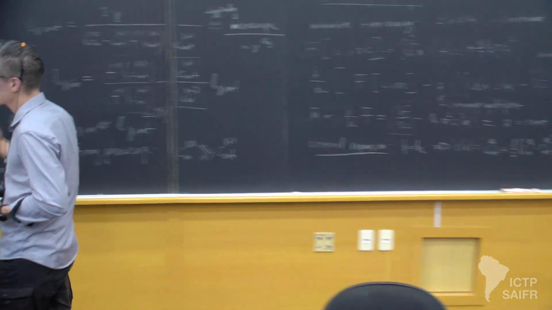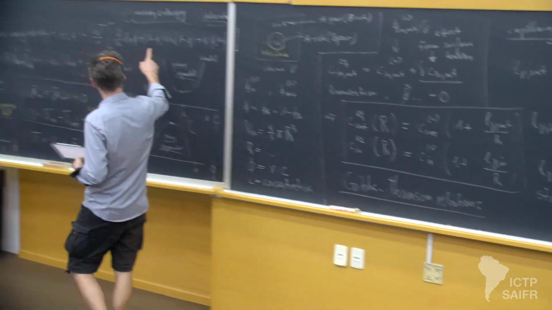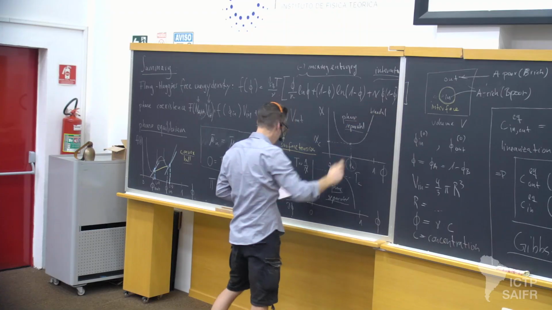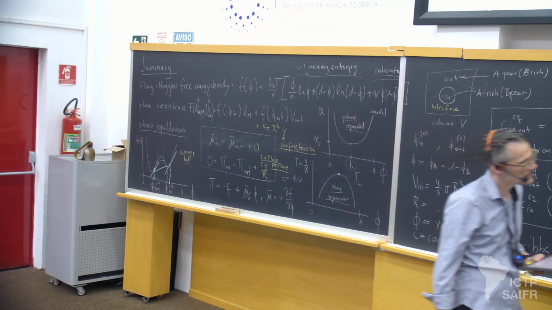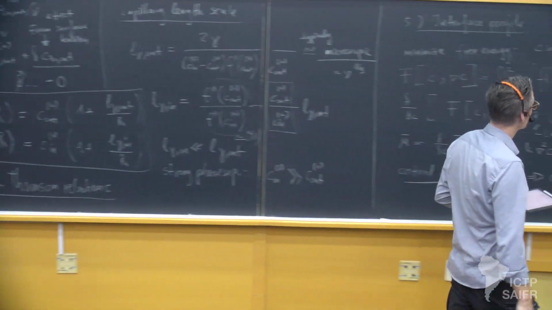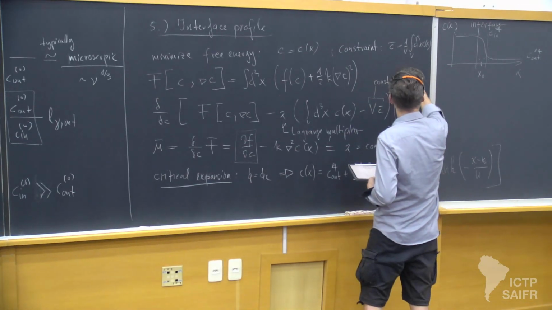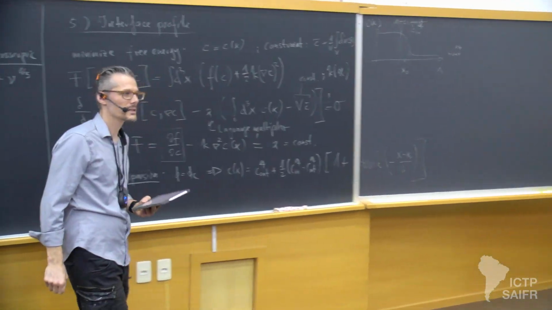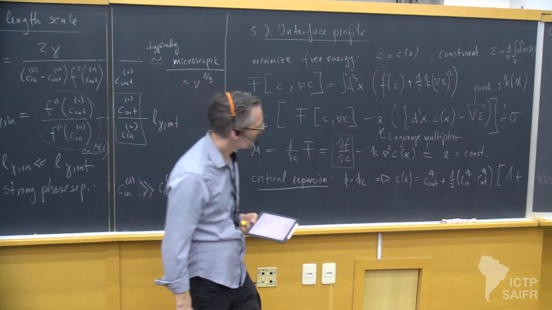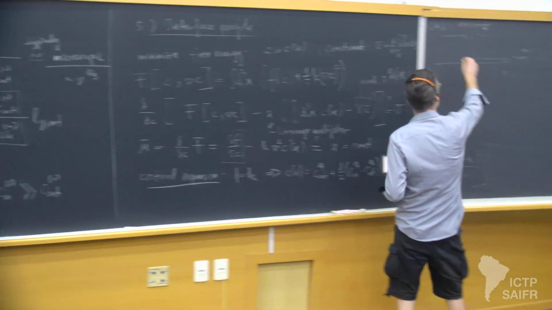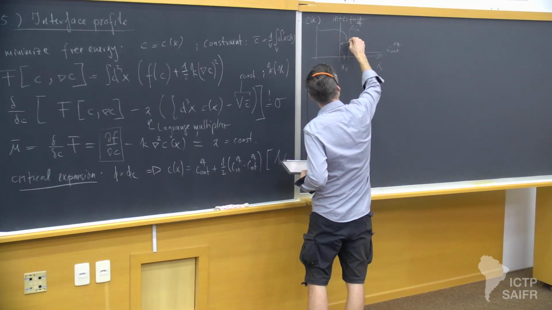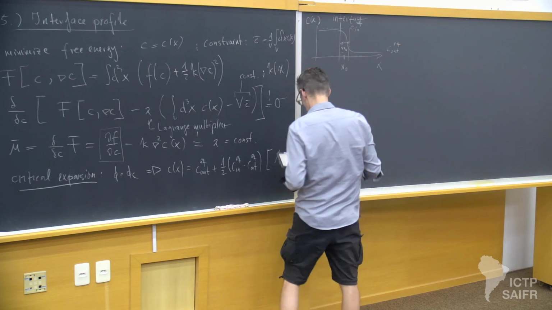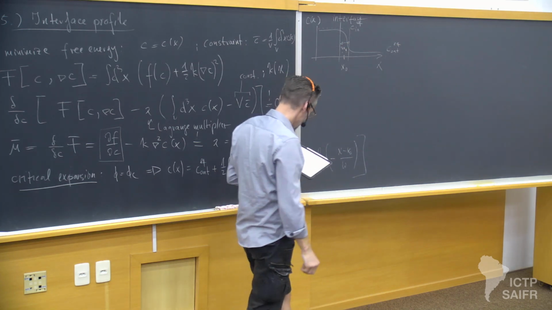However, when you do the critical expansion from the Flory-Huggins, which came actually from a lattice model, where the kappa was depending on chi, you can now express this interfacial width in terms of the microscopic parameters.